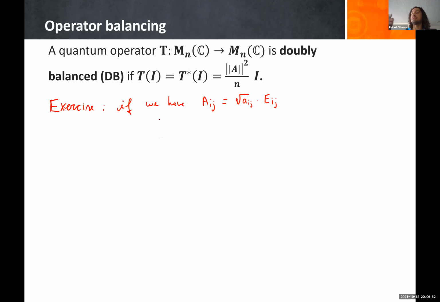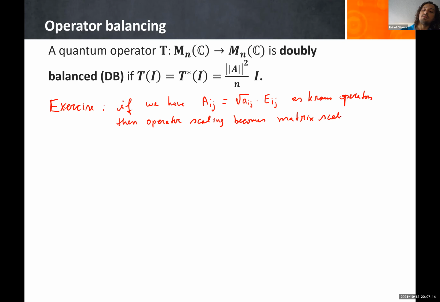If we have these matrices as Krauss operators, then operator scaling becomes matrix scaling. That's just an exercise that you should keep in mind. This is really a generalization. And you can see that this doubly balanced condition is exactly the condition that the rows and the columns have the same norm.